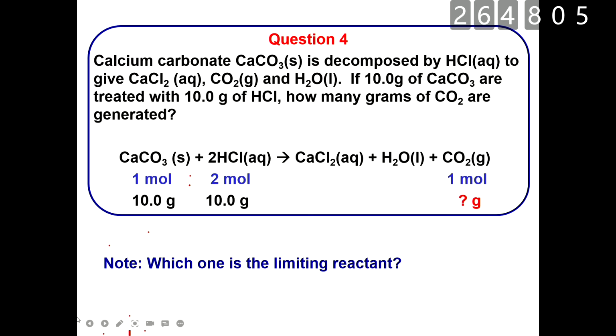The first one. Calcium carbonate is 0.1, right? And HCl is 0.27. So if I determine the number of moles, is this one the limiting agent? Yes, this is limiting.